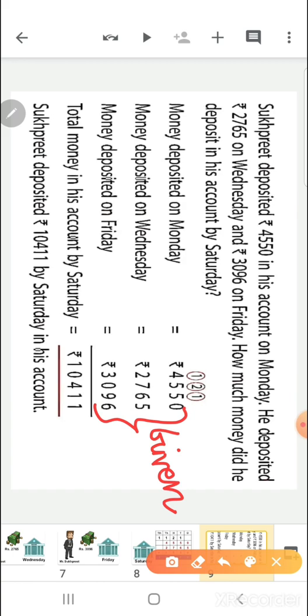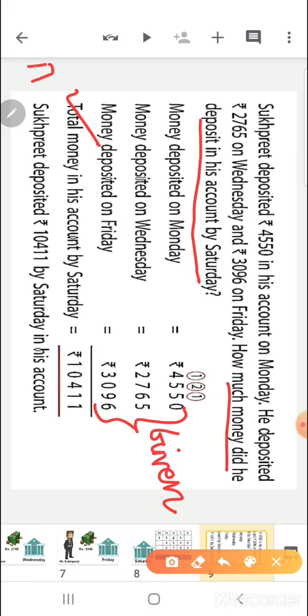Then the next statement is what the question is actually asking us. It is asking how much money did he deposit in his account by Saturday. So that means we have to find out the total money in his account by Saturday. When we add all the amounts given to us, it is equal to rupees 10,411.